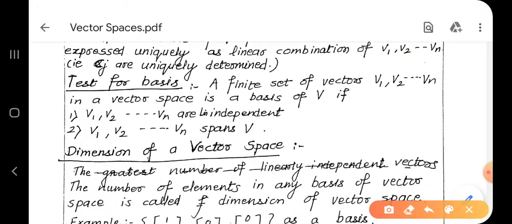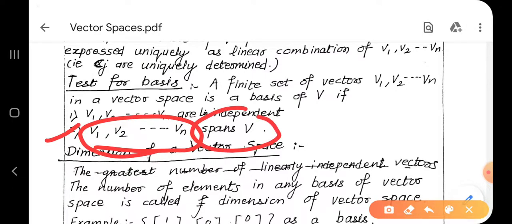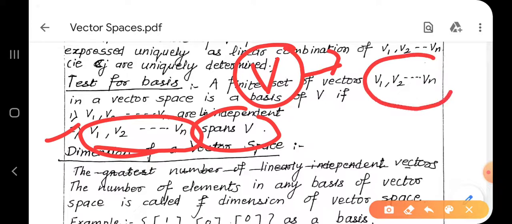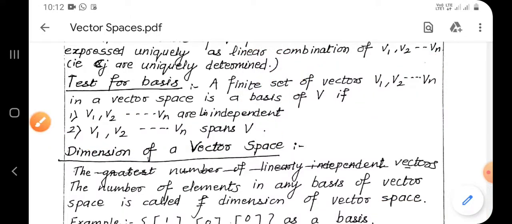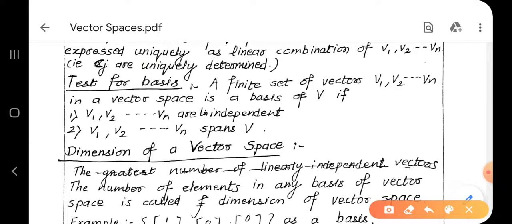What are the two conditions? First one is v1, v2, vn spans V, means each vector of V can be expressed as a linear combination of v1, v2, vn.